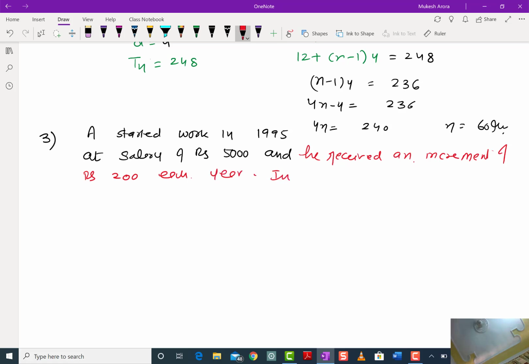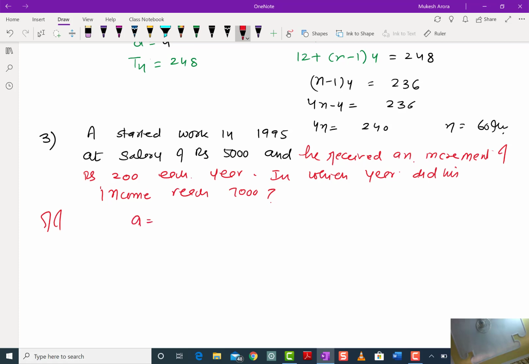In which year did his income reach 7,000? Meaning, in which year he was withdrawing 7,000. A was 5,000. After every year he gets an increment of 200 and the last term is 7,000.